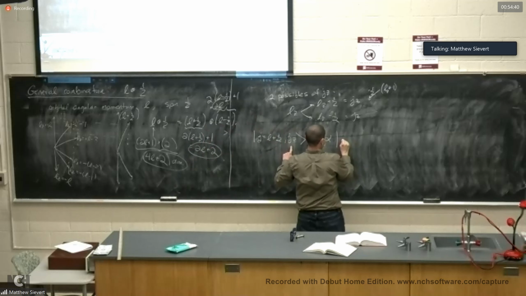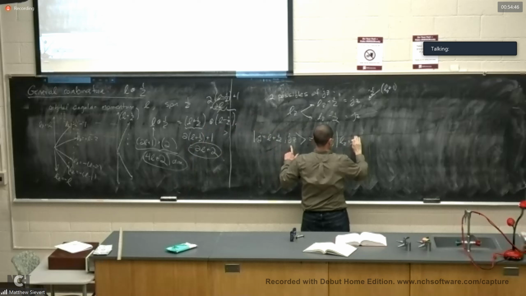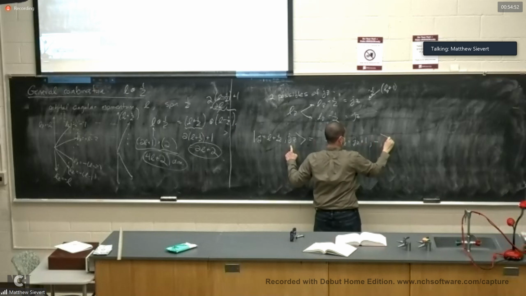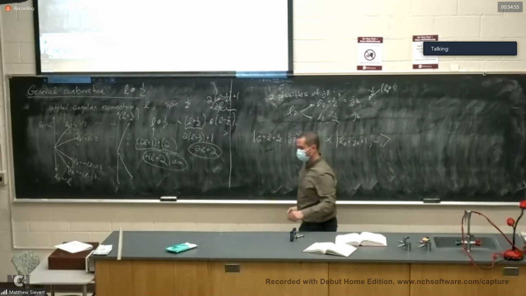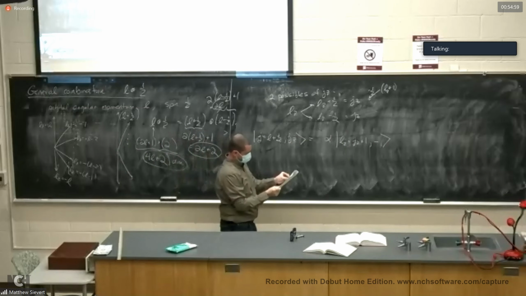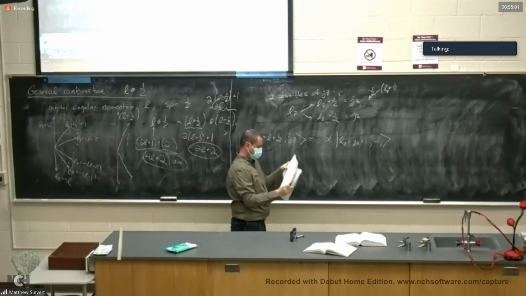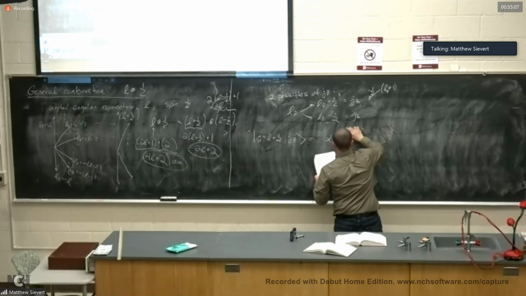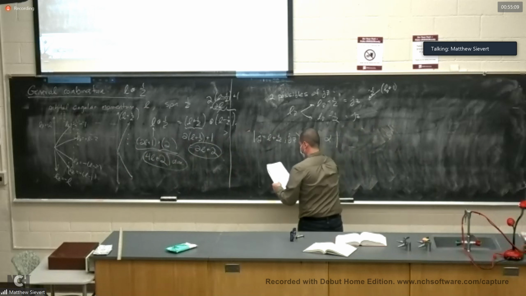So this has LZ equals JZ plus 1 spin down. Is that the convention that I have in the notes? Let's switch this around. All right, let me make sure I'm not changing course of bit string here.